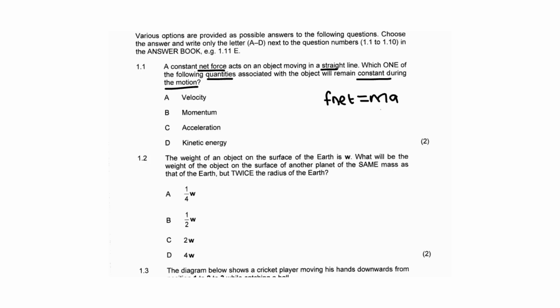One quantity that will have to be constant, yes, mass is one of them, and acceleration also. But because we don't have the mass among the options, the constant quantity will have to be acceleration. So acceleration must be constant for the force to be constant.